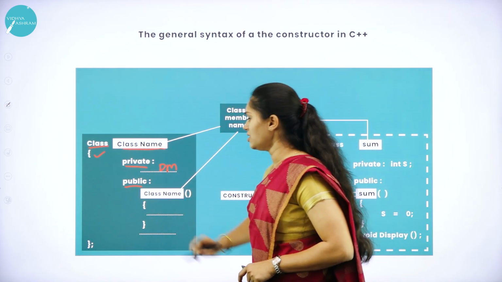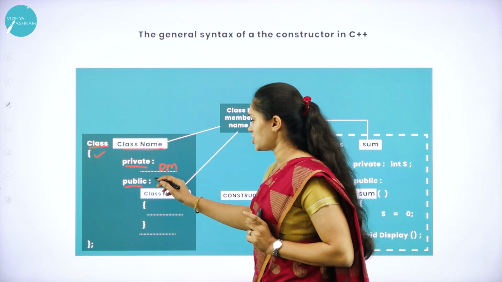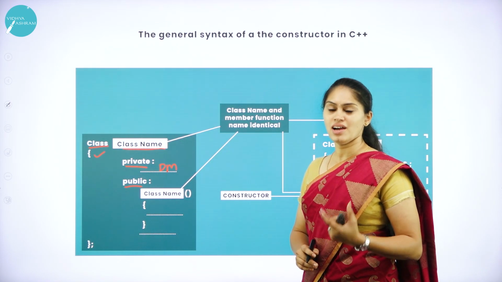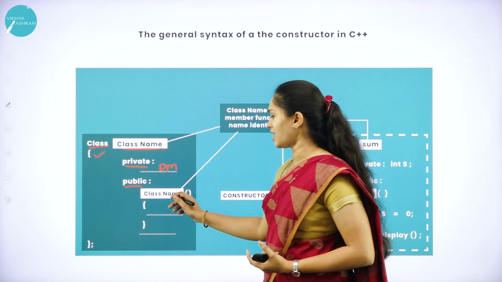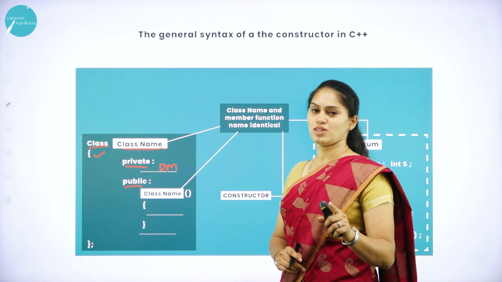What is another rule? The constructor must be declared under the public section. So only in the public section, under the scope of the public access specifier, I'm using this constructor. What is the first rule? The constructor must have the same name as the class.